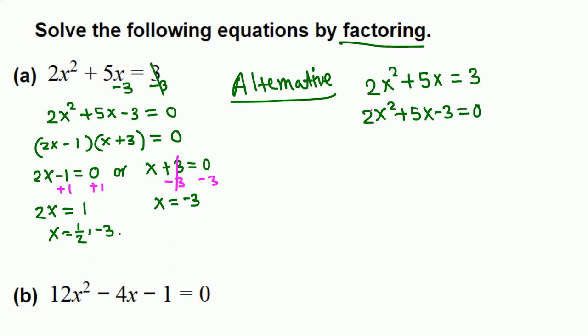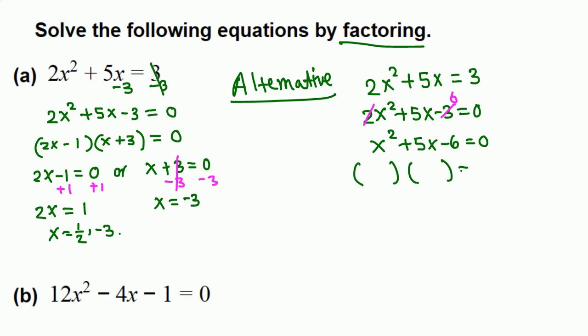Now we're going to move the 2 to the last term. Multiply 3 times 2, it becomes 6. So I multiplied the first and last term. Now I have x squared plus 5x minus 6 equals 0. This is much easier to factor because the leading coefficient is 1.